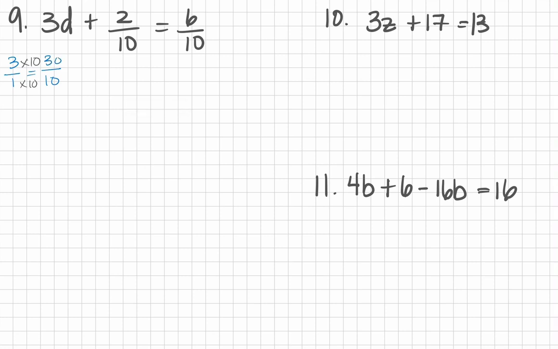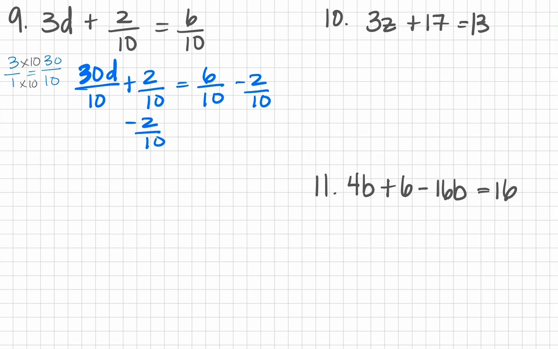So then it's going to be 30. Oh, sorry. This is got to add the D. So I'm going to subtract 2 over 10. 30D over 10 equals 4 over 10.